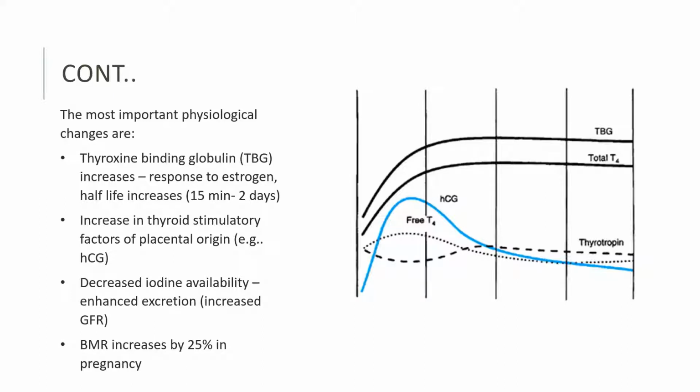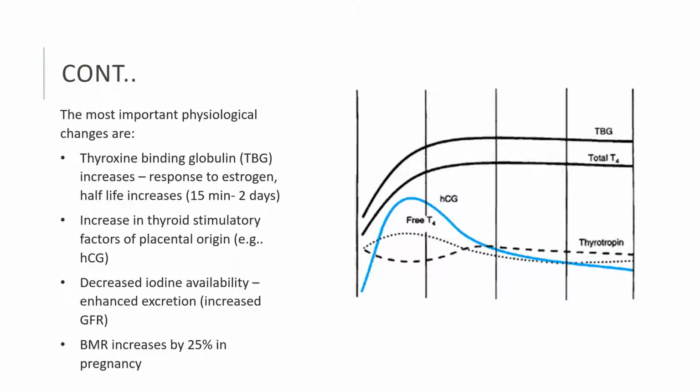So the important physiological changes which occur during pregnancy, I hope you are very, very aware of this type of graph. I think I've discussed this before as well. The thyroxine binding globulin, that is the TBG, increases in response to the increasing estrogen during pregnancy.